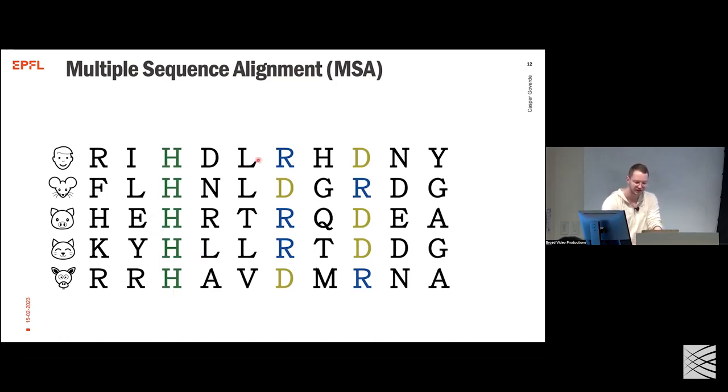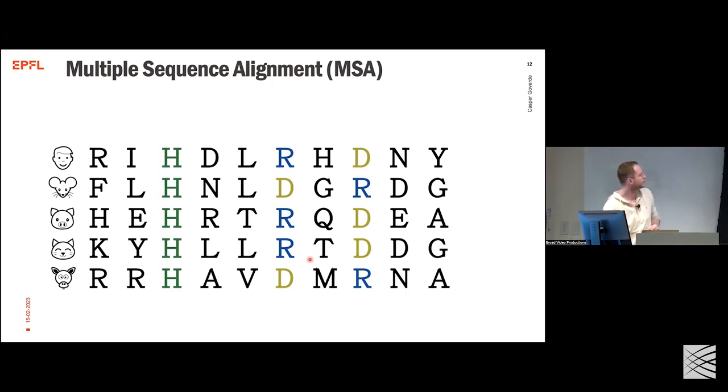But you also see something else. For example, here you have arginine and aspartic acid. So arginine is positively charged, aspartic acid is negatively charged. And what you see is that there's a pattern in evolution between the two, which generally means if two residues are close together in 3D space, they tend to mutate together.